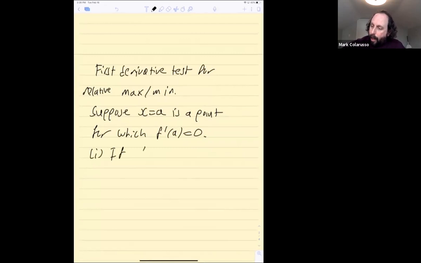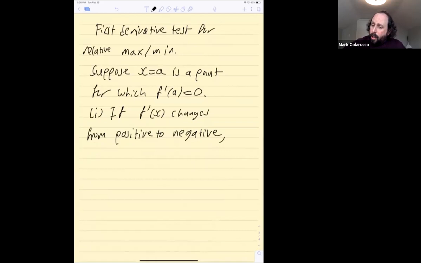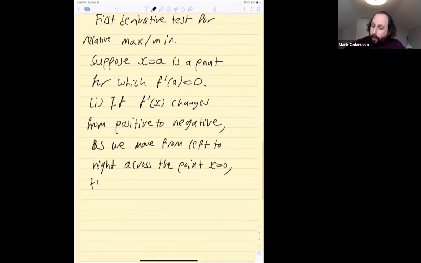Part 1. If f prime at x changes from positive to negative as we move from left to right across the point x equals a, then f at a is a relative maximum.